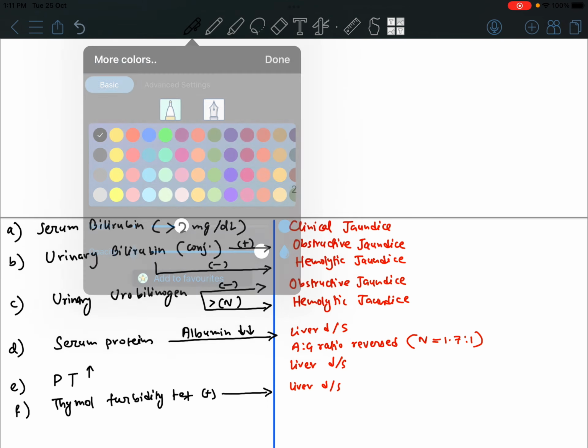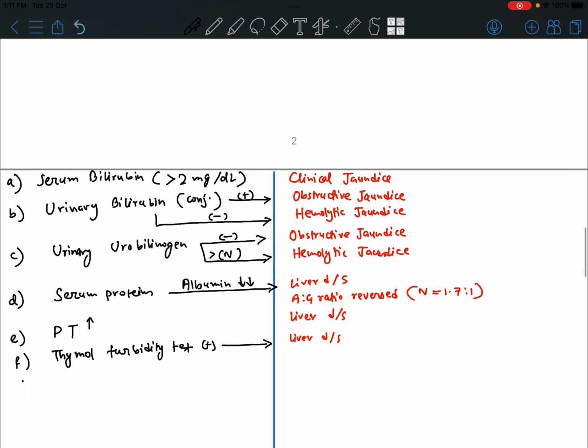Okay, next test we shall talk about is bromsulfaline excretion test. This bromsulfaline is a dye, right? We inject 5 milligrams per kilograms of this dye intravenously into the subject, right?